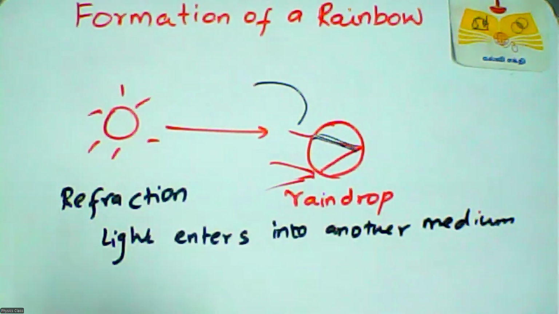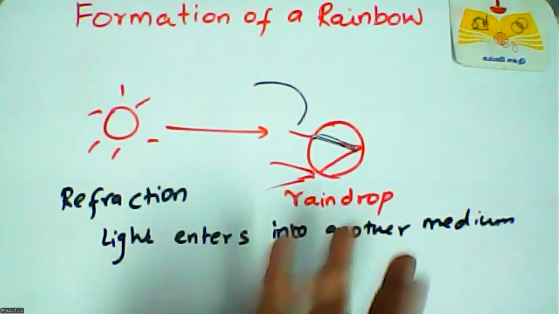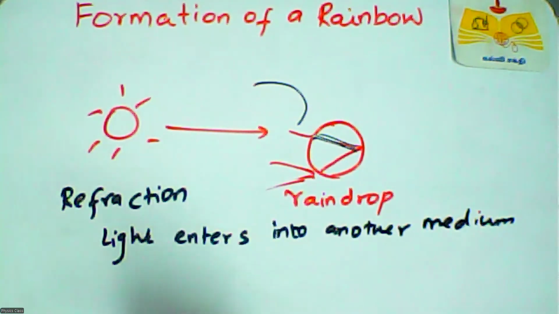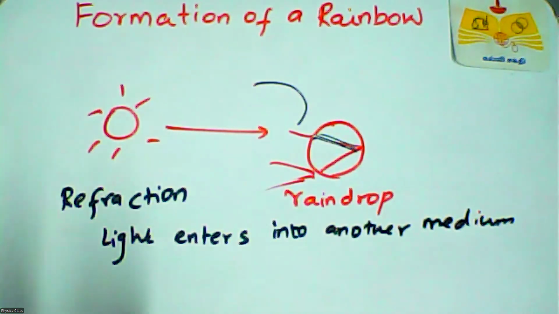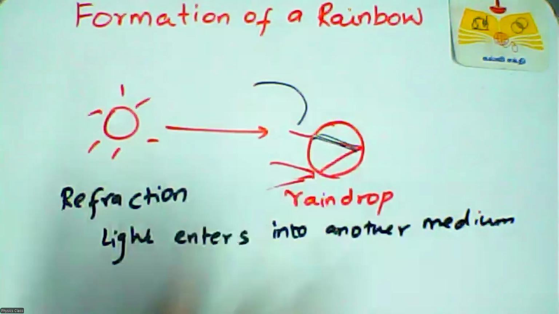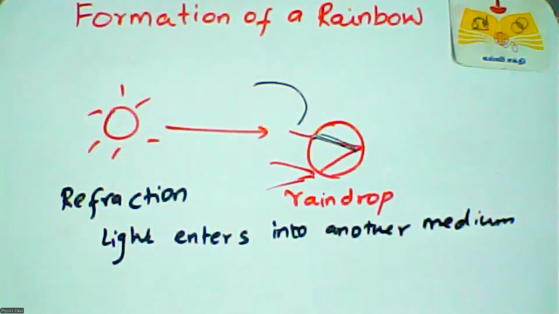It is called refraction. The refractive index is also dependent on the speed of light in the two media, air and water in this case. So refraction happens by this.